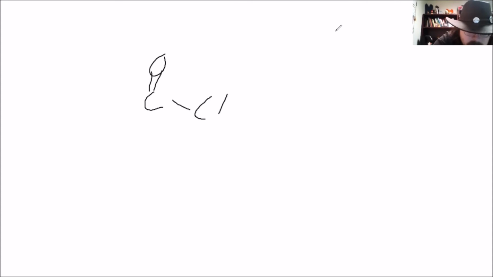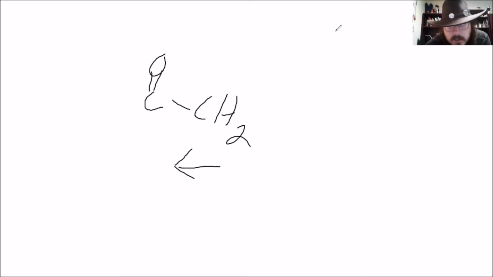Now, in proton NMR, there's a moderate shift downfield for most CHs alpha to the aldehyde or ketone. So if I have this and I have a CH, it's a moderate shift downfield, so it's going to go that way. Not as much as an alcohol, but still you can tell there's a functional group attached there.